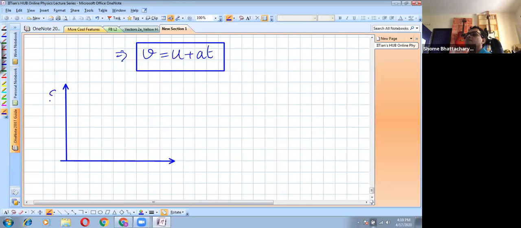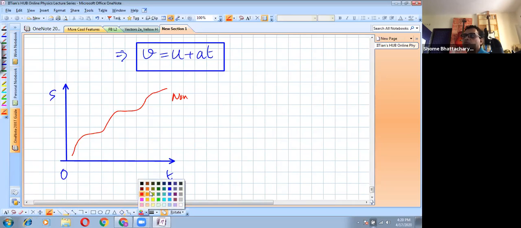And in one case, my displacement versus time graph looks like this. Oh, sorry, I'm not talking about displacement versus time. I'm talking about velocity versus time. So suppose a velocity versus time graph.